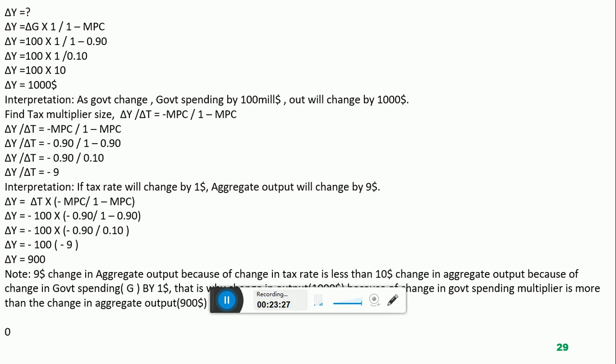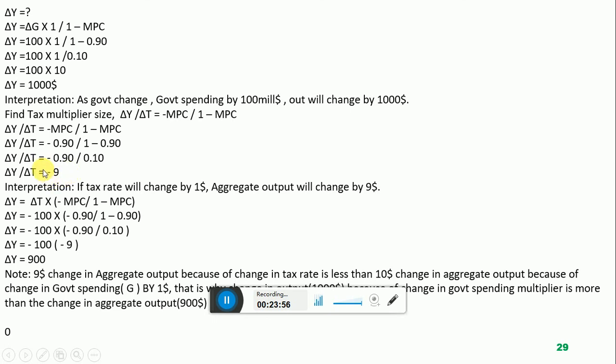Now we are coming again here. Interpretation: if the tax rate changes by $1, aggregate output will change by $9. Now I am repeating the size of the aggregate output change because of the change in tax. So delta Y is equal to delta T multiplied by minus MPC divided by 1 minus MPC. This is the tax multiplier size that we calculated here, which is minus 9.